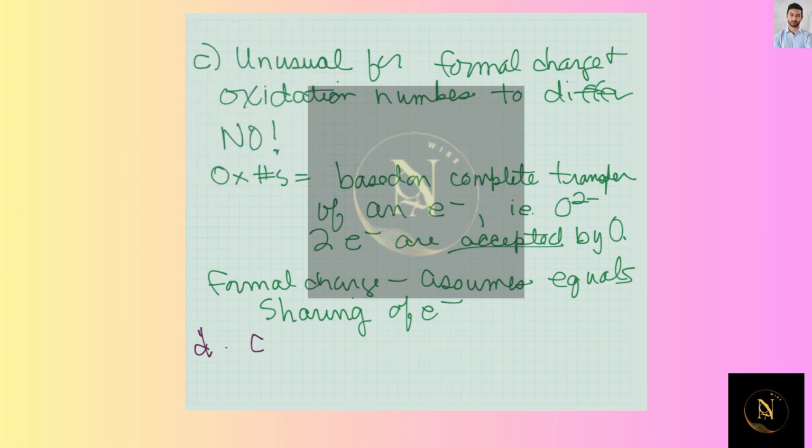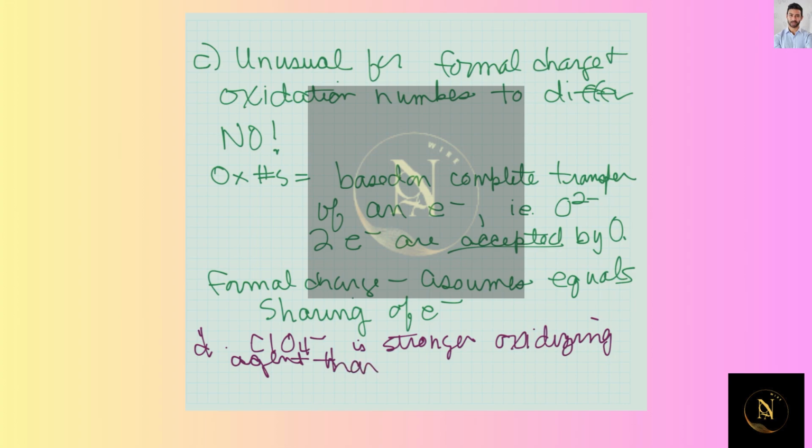D says perchlorate is a much stronger oxidizing agent than the hypochlorite. And why might that be?